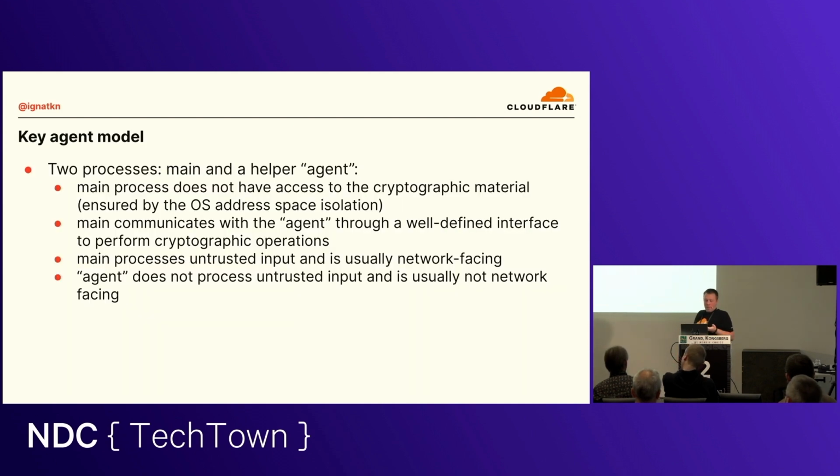So the key agent model is: you have two processes, main and a helper agent. The main process doesn't have access to the cryptographic material, separated by the operating system address space.